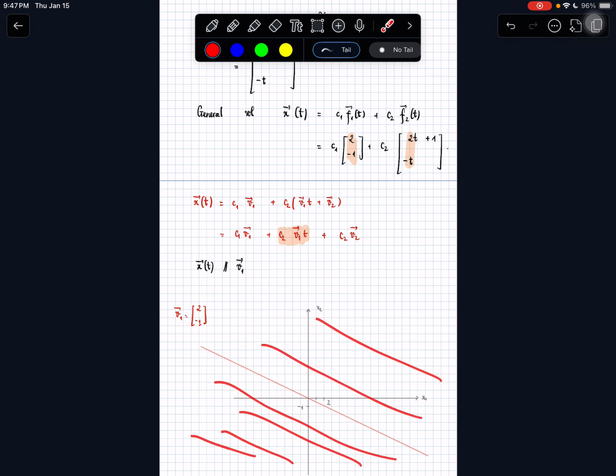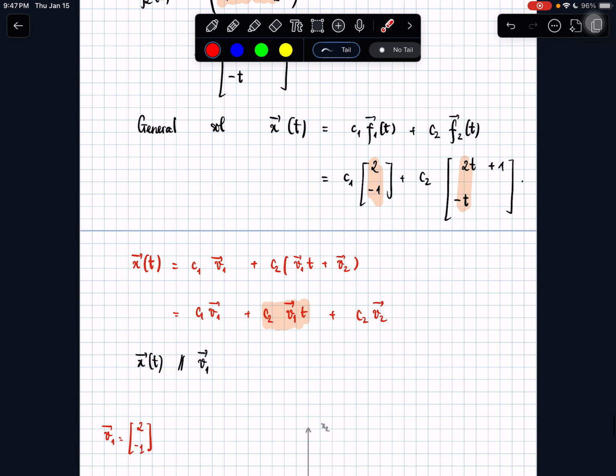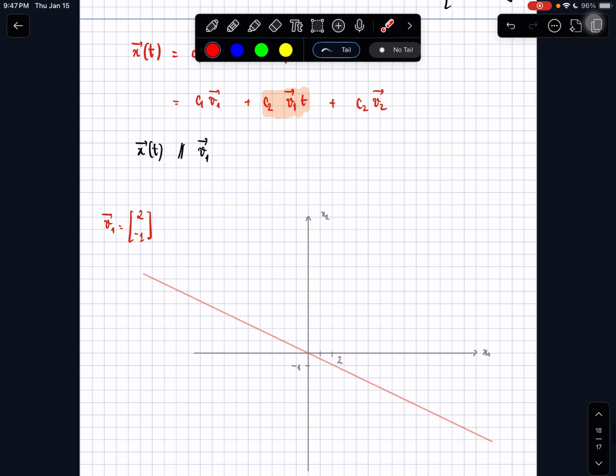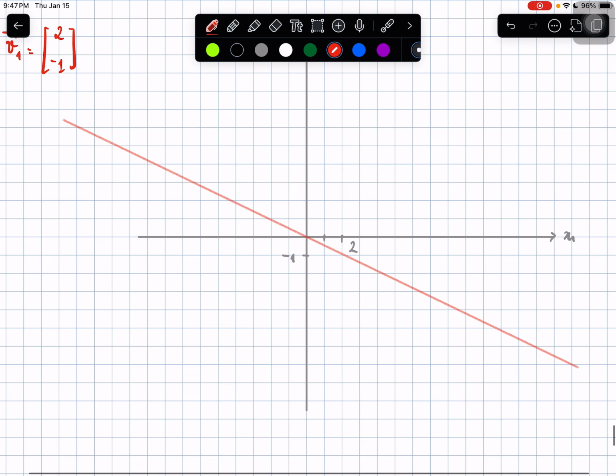The only thing we need to check is which direction it goes, up or down. Vector v1 is 2, minus 1, in this direction.